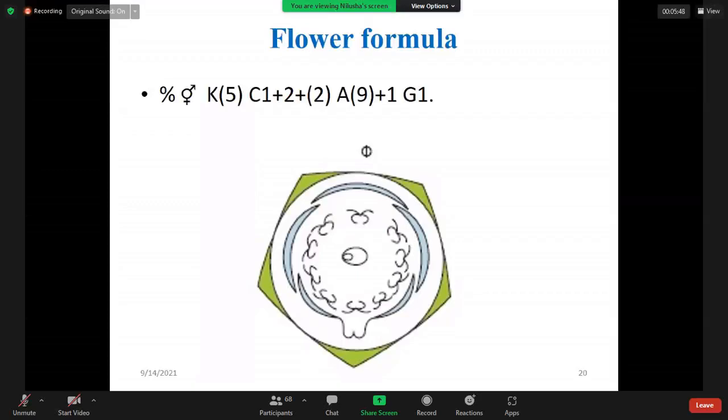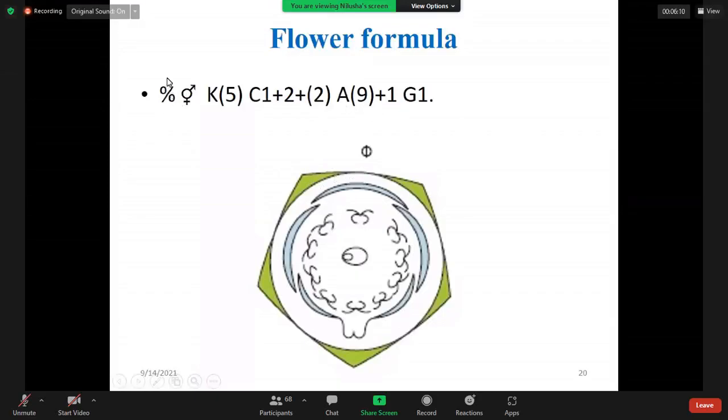Here you can see this is the floral formula. Is it visible to all? Yes, ma'am.